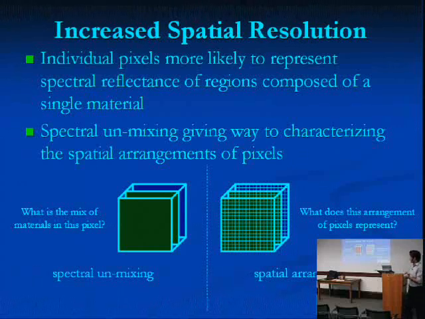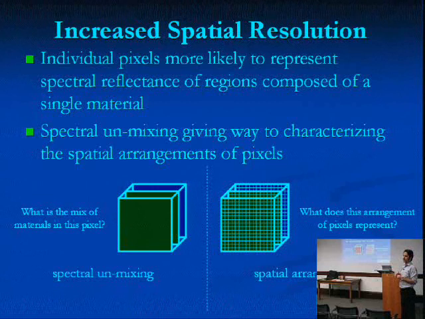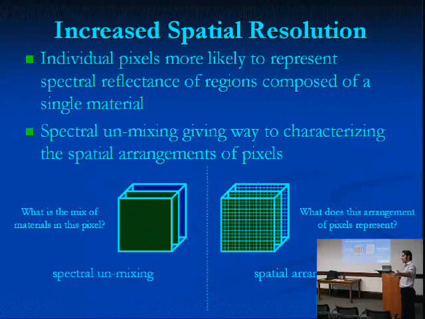Okay, so this is just kind of a speculation that as you have increased spatial resolution, what any one of these pixels is looking at is more likely to be a single reflectance from a single material on the Earth. This is in the context of what's traditionally been a problem with coarse pixels, where a single pixel that's 30 meters by 30 meters is going to include grass, cement, a whole bunch of things.